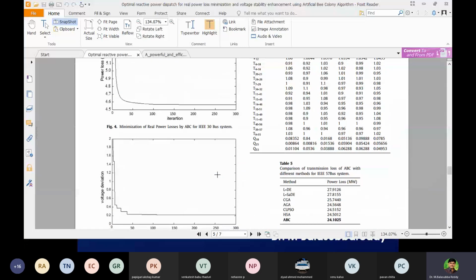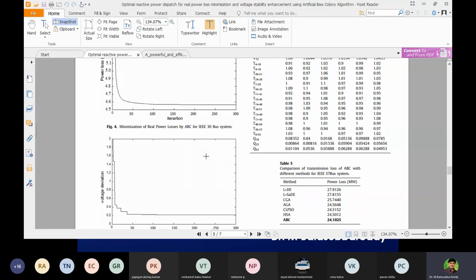The only thing is, this total paper consists of three systems. One is the IEEE 30 bus system they solved. The same code will be applicable for any power system. Once you write code for any particular system, you just modify the number of buses and so on, and automatically it will work for any power system. You only give the data; that is the generalized code you will write.